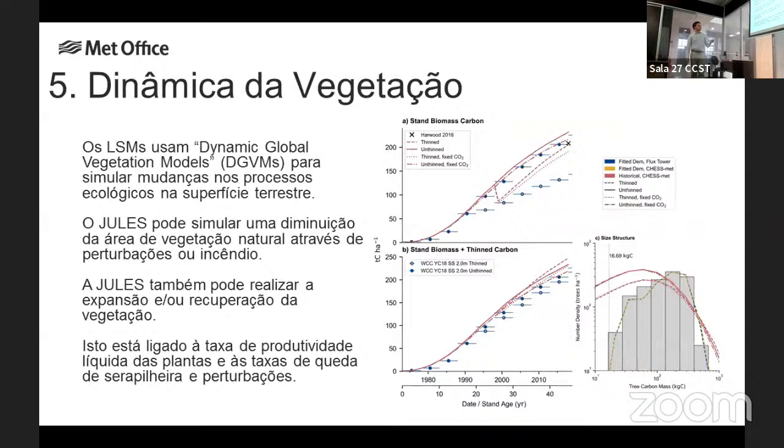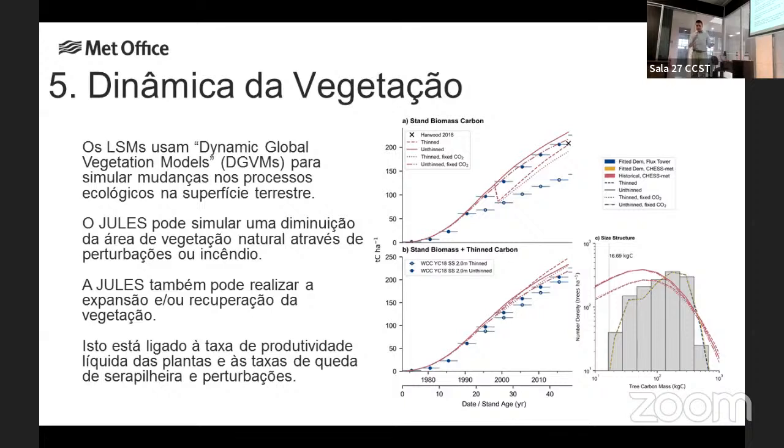This is my favorite plot. This is dynamic vegetation. Not only are they biogeophysical models, they can also be ecological models. So you're considering how much growth there is in an ecosystem and how much mortality there is, and how that may change over time.